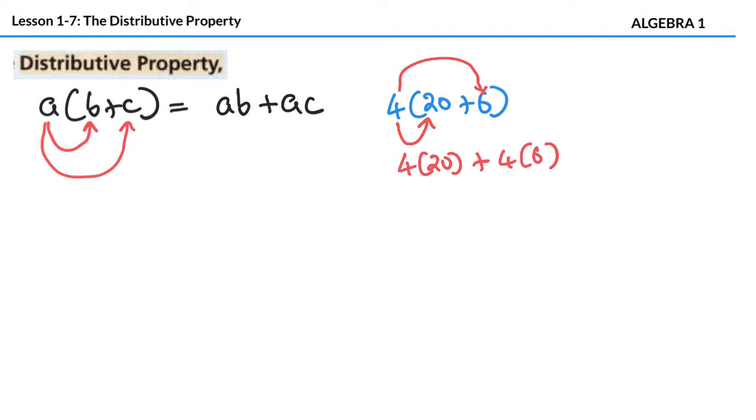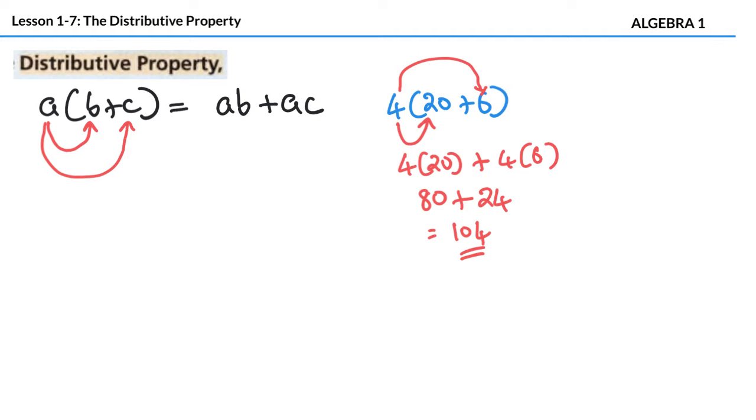So 4 times 20 is 80, plus 6 times 4, 24, and then you add them, you get 104. Which is the same result had you added 20 with 6, that's 26, and you multiplied it with 4. So this helps in simplifying expressions.